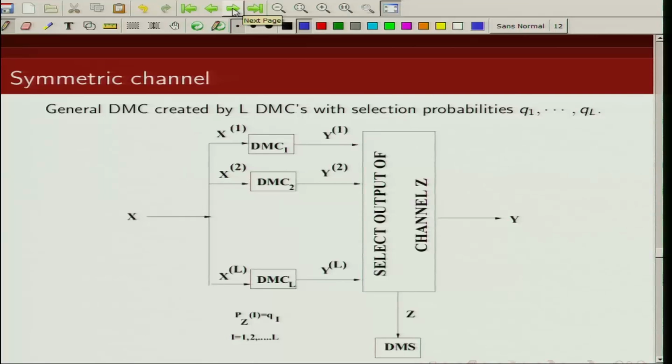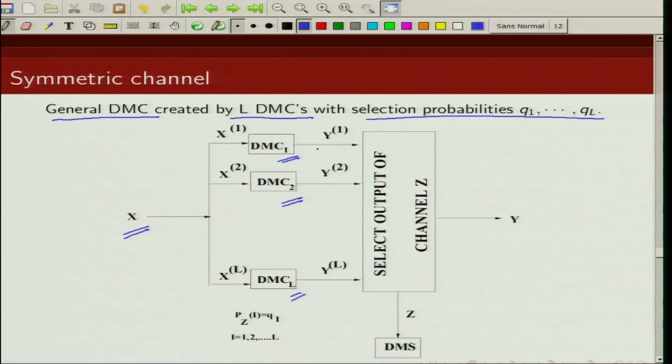So this is a block diagram of how things will look. You can think of a general discrete memoryless channel created by L discrete memoryless channels with selection probabilities Q1, Q2, Q3. So I have my input X, and you can think of L such discrete memoryless channels.